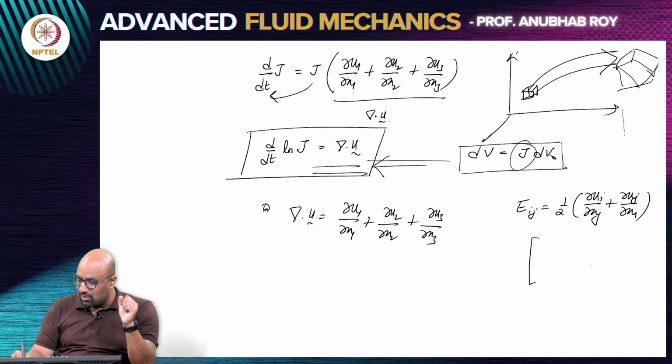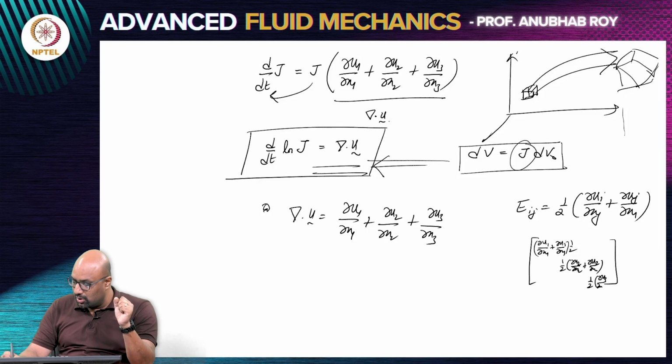If you write this out, just the diagonal elements of the rate of strain tensor would be half of ∂u1/∂x1 plus ∂u1/∂x1, then half of ∂u2/∂x2 plus ∂u2/∂x2, and similarly the last one is ∂u3/∂x3 plus ∂u3/∂x3, halved.